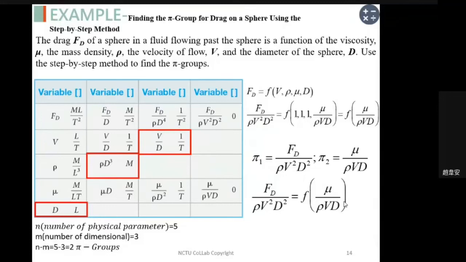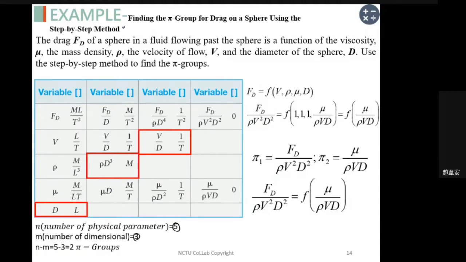As we have introduced in the exercise shown here, this slide highlights how we can do the dimensional analysis by step-by-step methods. For this exercise, the number of physical parameters is 5, and the number of dimensions is 3.